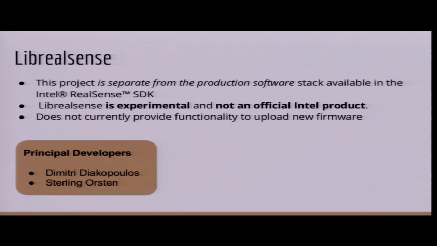Also, in the Intel software, there is software to update the firmware of the camera. This library won't do that. This library is focused on getting the images, or the data, from the camera, so you can process it later.